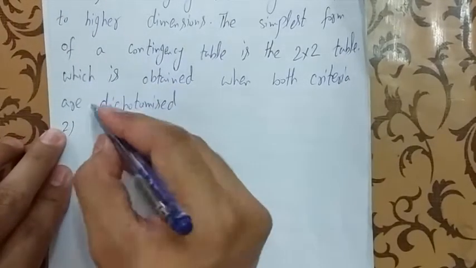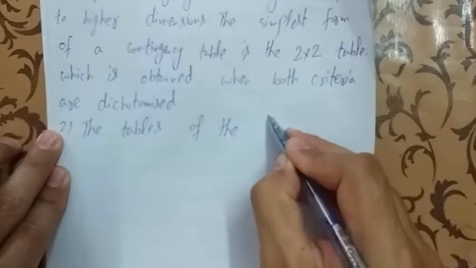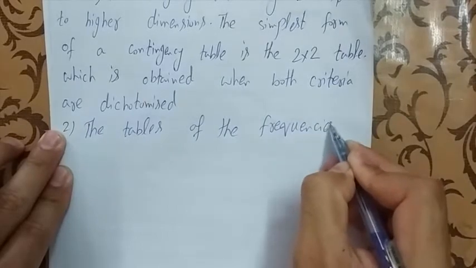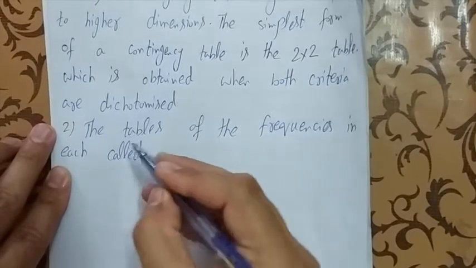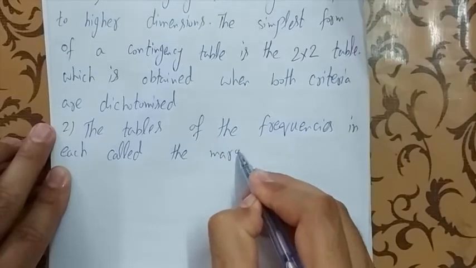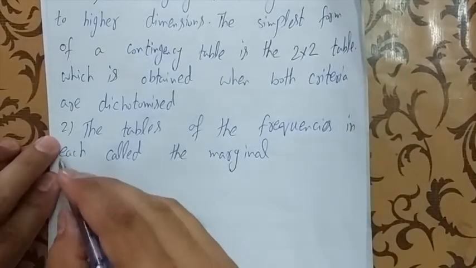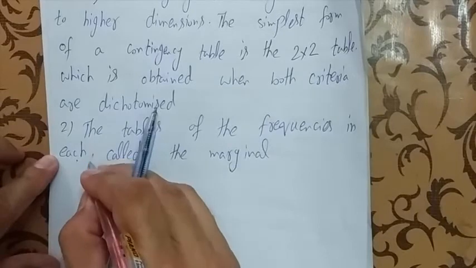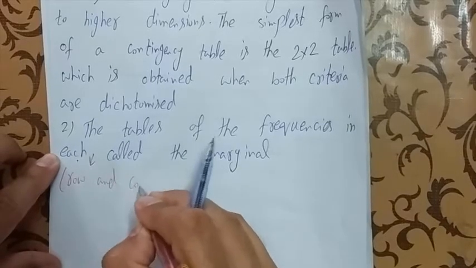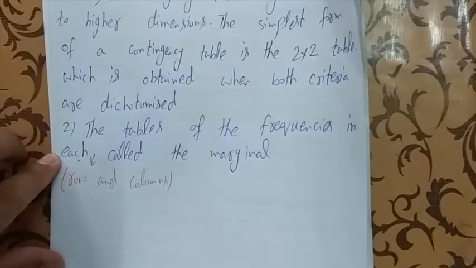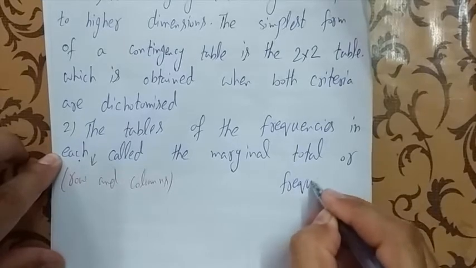Point number 2 is that the table frequencies in each row and column are called the marginal total or marginal frequency.